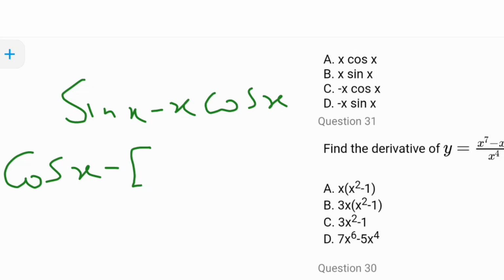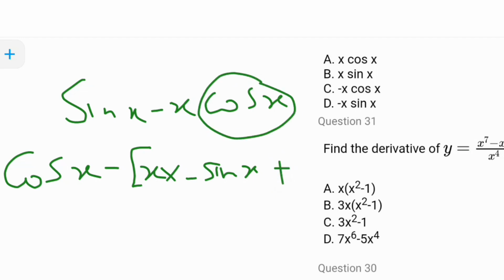So you write the first one. The first one here is x. So you write x. Then differentiate the second one, which is cos x. If you differentiate cos x, you get minus sine x. So you're going to write times minus sine x here. Okay, then plus, you write the second one.